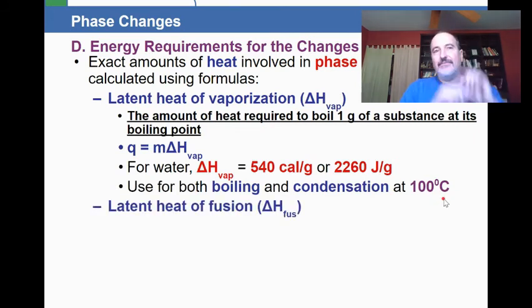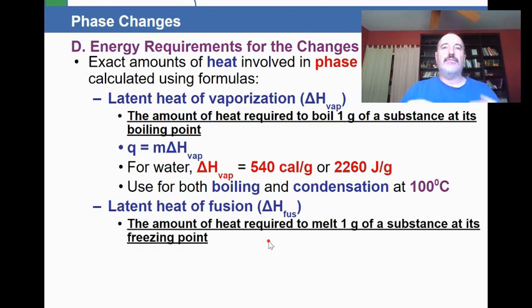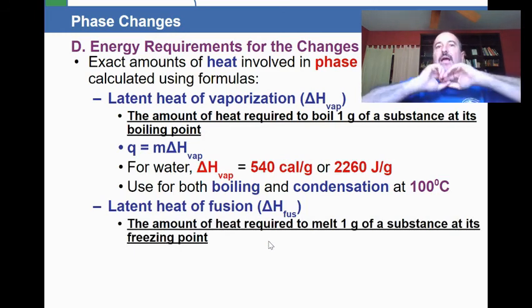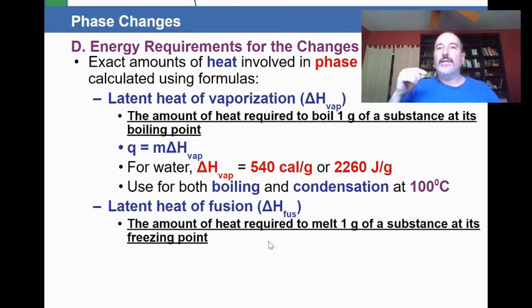Now, that's vaporization. Then there's the latent heat of fusion, delta H fus, okay? This is the amount of heat required to melt 1 gram of substance at its freezing point. It's also the amount of heat released when 1 gram of liquid freezes into 1 gram of solid. All right. And again, the formula is very similar.